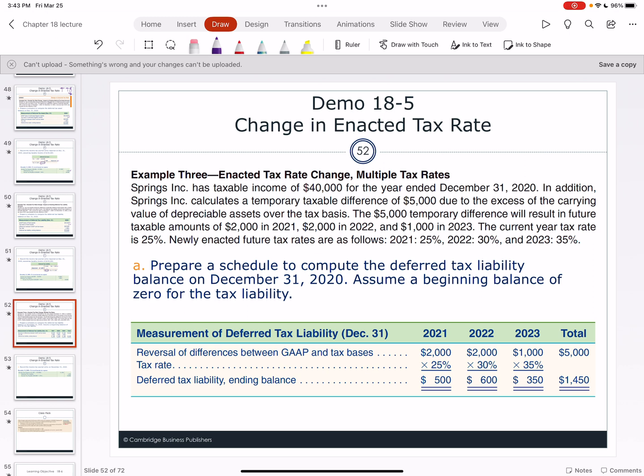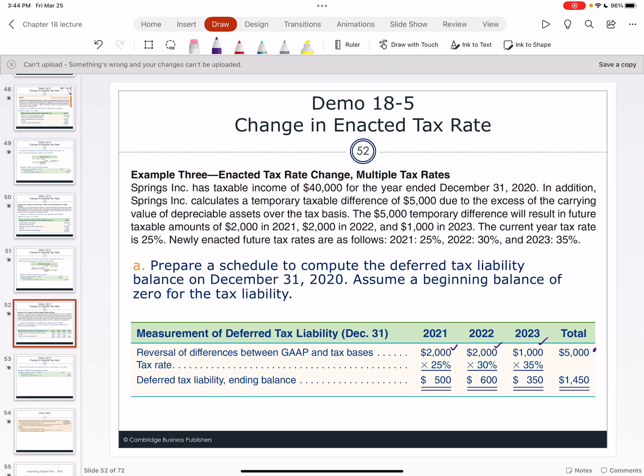Instead, they have to take that bases difference and plug it into the years where those differences will reverse. Right? So here, they're just going to give us the information, which makes our lives easier. Right? So they're telling us that of that $5,000 bases difference, it will reverse 2,000 in 2021, 2022 will have 2,000, and 2023 will have 2,000.